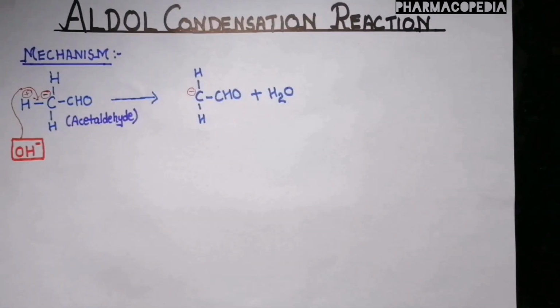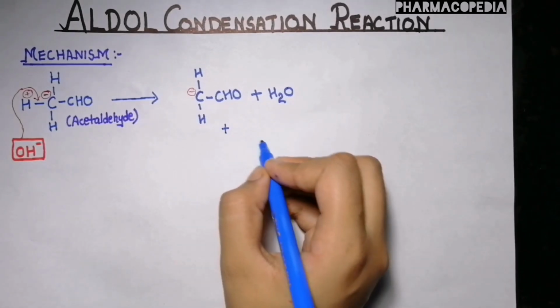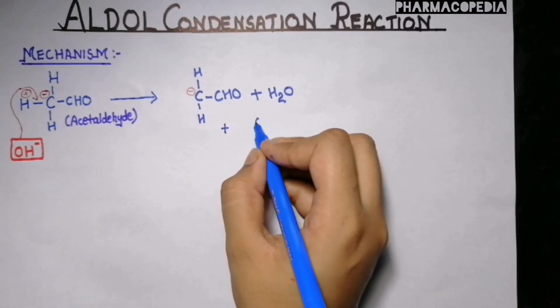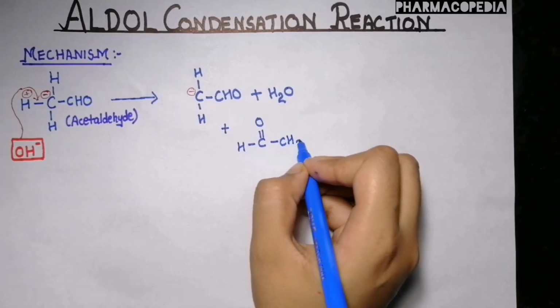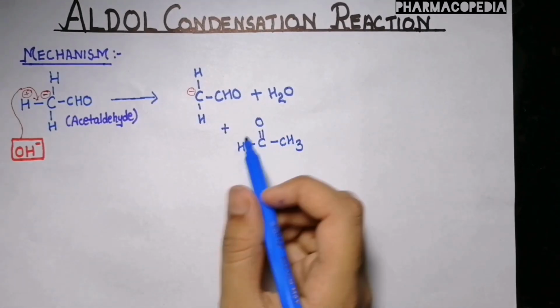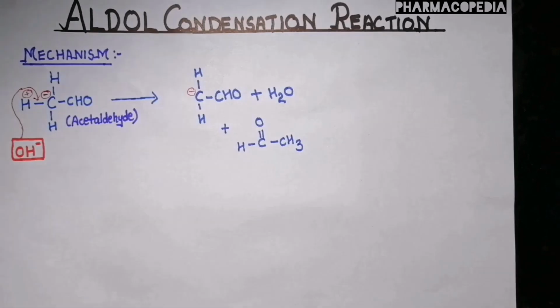And we know that the aldol condensation reaction involves 2 moles of acetaldehyde. So the other acetaldehyde... it's a carbanion, so it will always be in search of a positive charge. तो इसको positive charge कहाँ से मिलेगी?